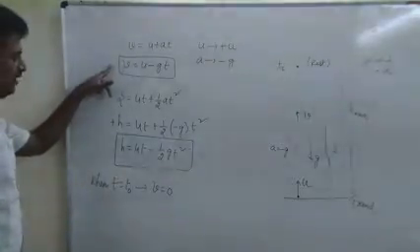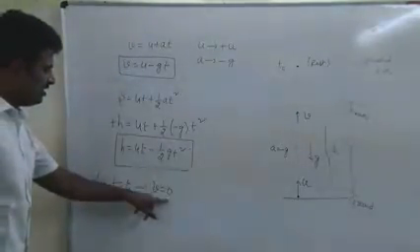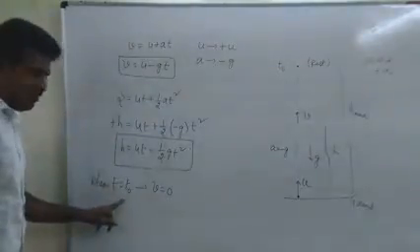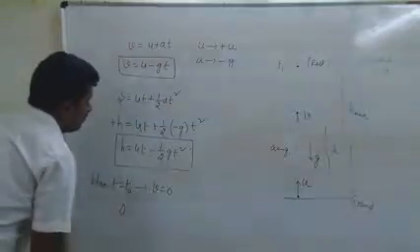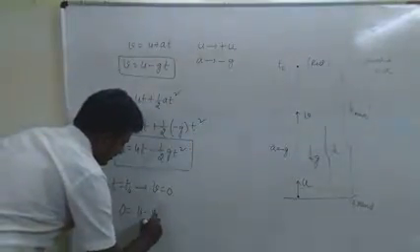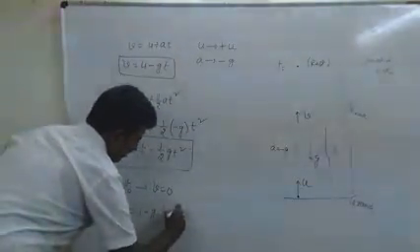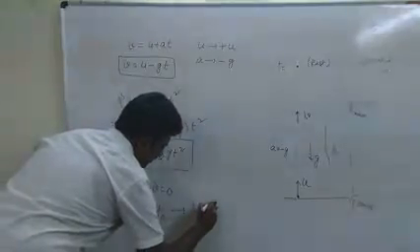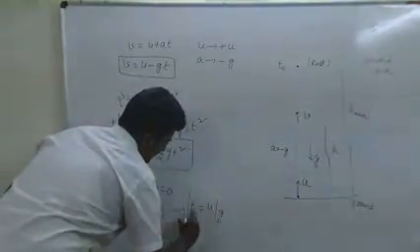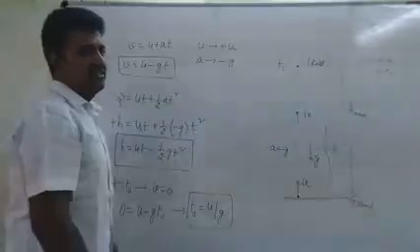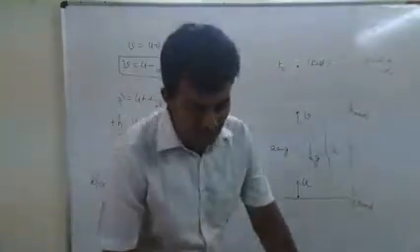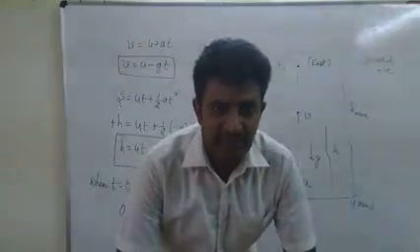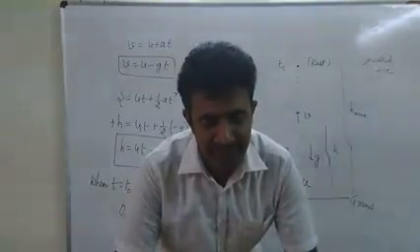This one. In place of v, if you put 0, in place of t you have to place t naught. This implies 0 will be equal to u minus g t naught, so t naught will be equal to u divided by g. That is the time taken to reach the highest point. So the time for the upward journey of the particle will be equal to u divided by g.